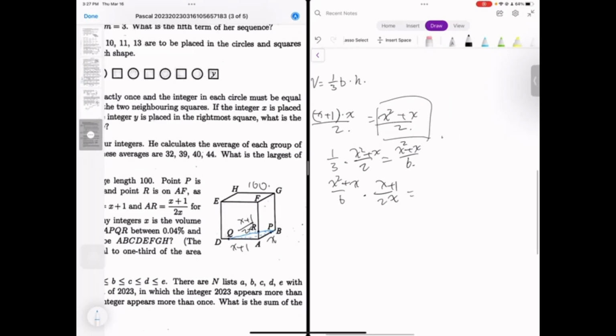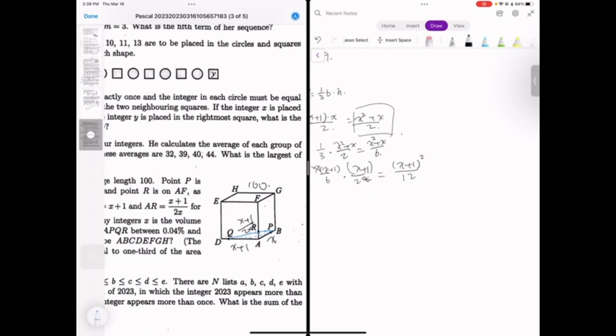It becomes 12x, so the denominator is 12x, and then the numerator is this times this, which is, actually you can simplify this. So we know that this is x plus 1, so then we can simplify the x, and after we multiply this, this becomes x plus 1 squared over 12, right?